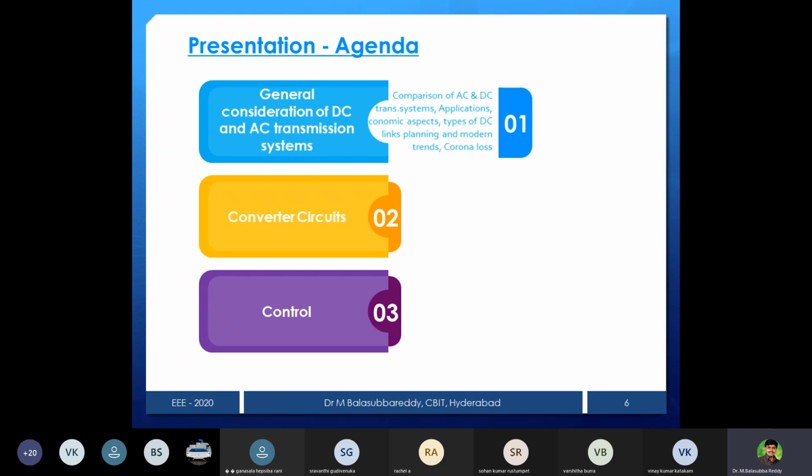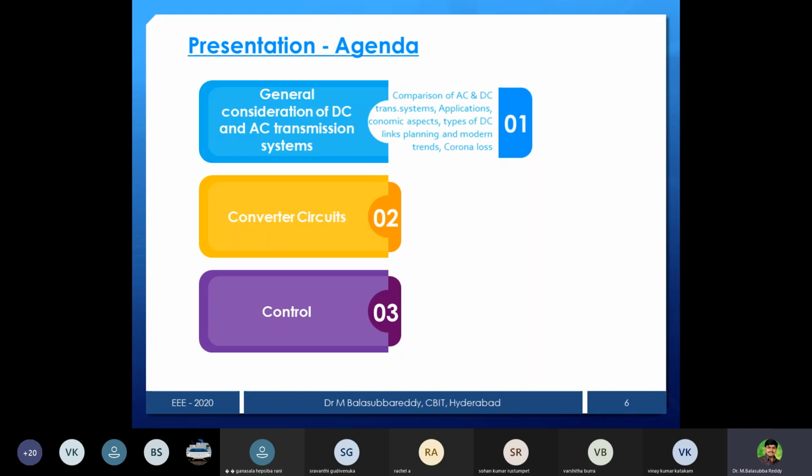The third one, you can see that the conversion equipment is also problematic. What is that conversion equipment? It is the rectifier station. Rectifier station here is not a simple fully controlled rectifier. There are 12 pulse converters, each with a huge power carrying capability.